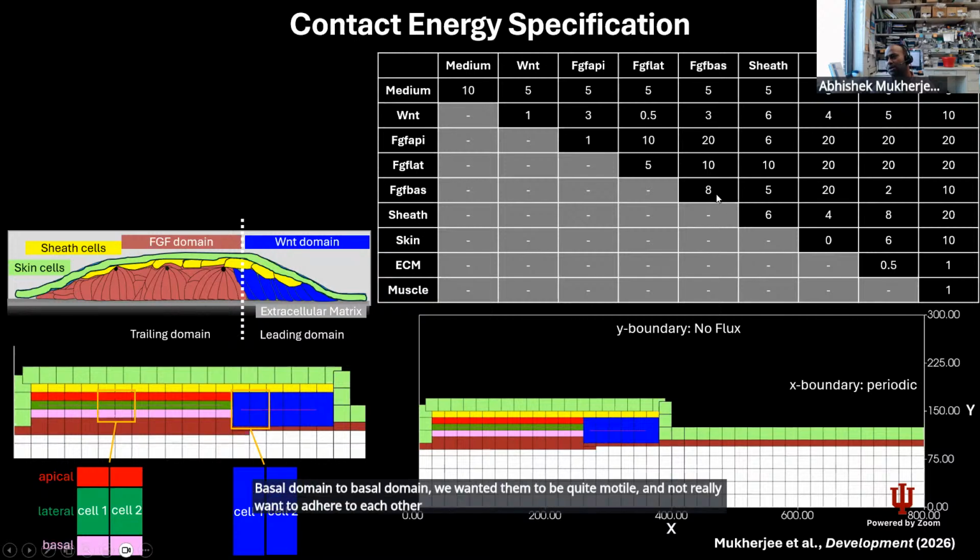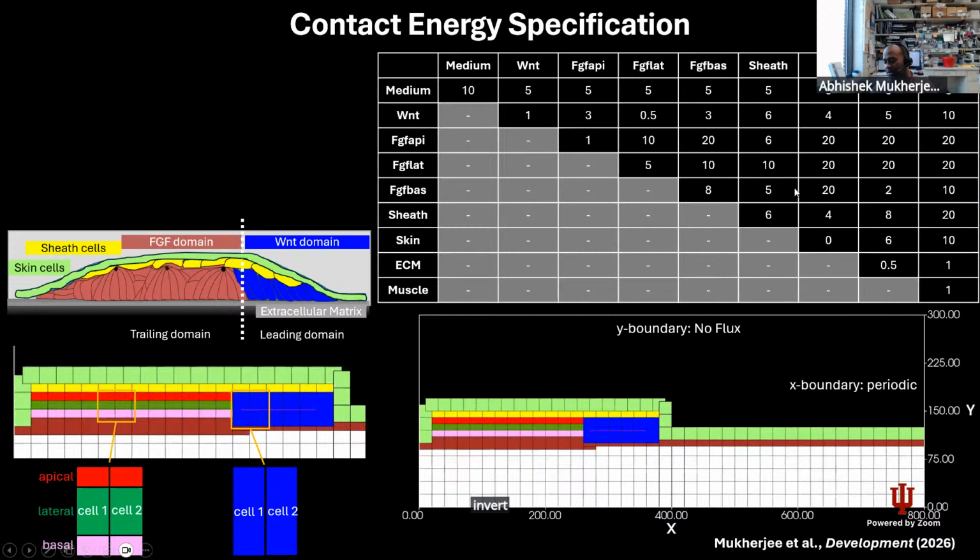So we set that high enough, but not so high that they would sort of invert and migrate in other directions.